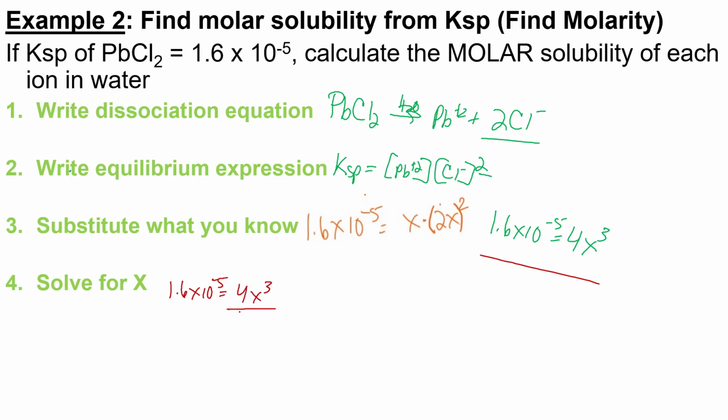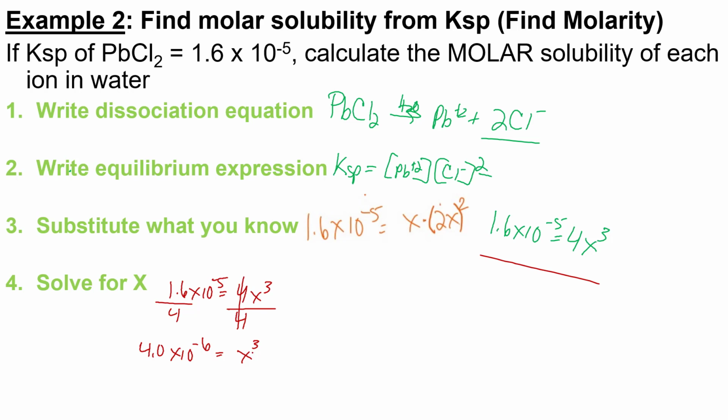So first thing I'm going to do is divide by 4. And if I do that to one side, I got to do it to the other. Put in the calculator, that is going to give me 4.0 times 10 to the minus 6 is equal to x cubed.